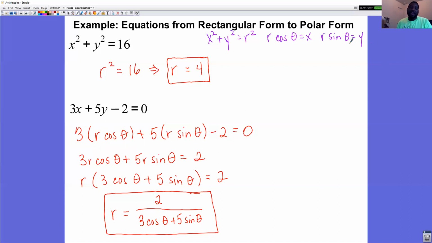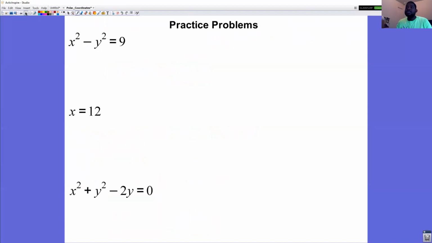And then once you make those substitutions, manipulate the equation and solve for r. So with that said, you should be able to do these practice problems here. So again, make sure you understand what the 3 equations are and make sure you use them correctly.